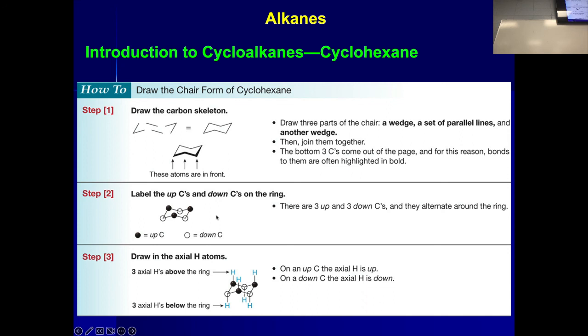Drawing cyclohexane: I want you all right now to work with your partner for about 2 minutes and draw methyl cyclohexane in that form. Take 2 minutes.